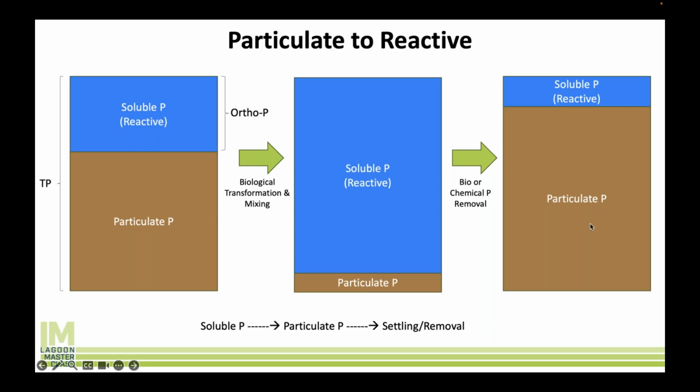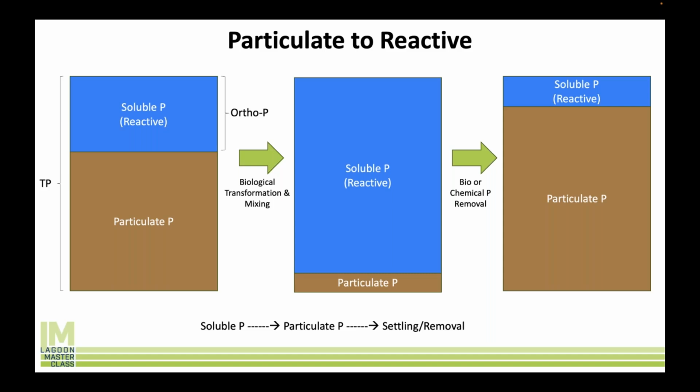So going back to that discussion about particulate and soluble phosphorus, this is important as it relates to biological phosphorus removal and chemical precipitation. On the left here, you'll see that when your phosphorus comes into your lagoon system, approximately 70 to 80% of it is in the particulate form, and let's say the other 20 or 30% is in your soluble and reactive form.